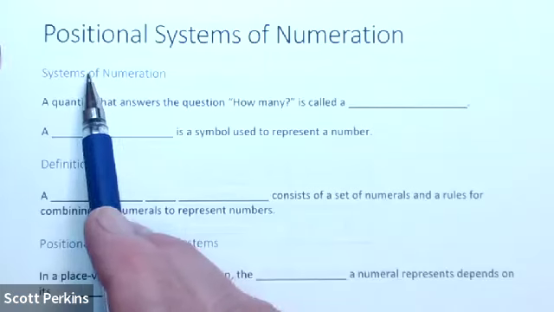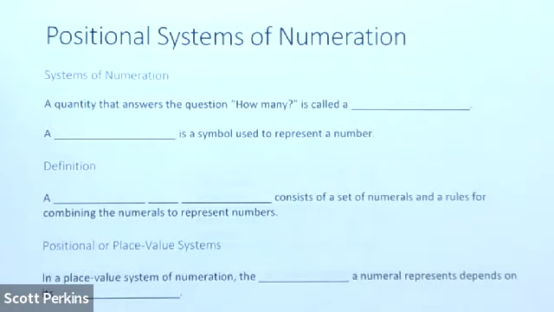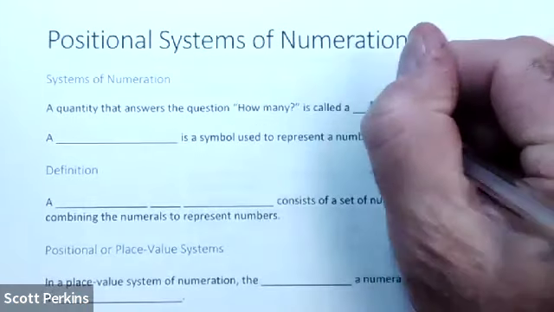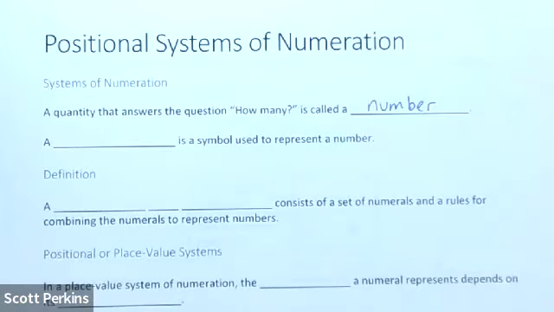So in a system of numeration, first thing to note is that a quantity that answers the question how many of something is called a number. A number answers the question how many, and that's contrasted with what's called a numeral.